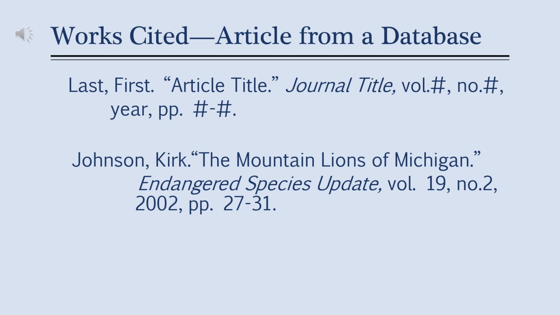The journal title will be italicized. You will have VOL period and the number of the volume, comma, NO period and the number of the issue, comma, the year the article was published, comma, PP period, and then the page range on which you can find that article. And I give you an example below.